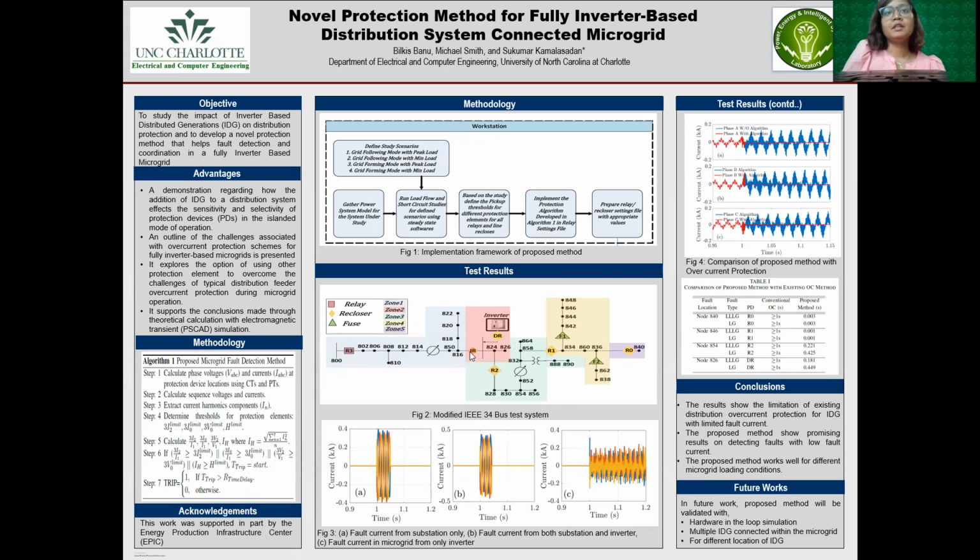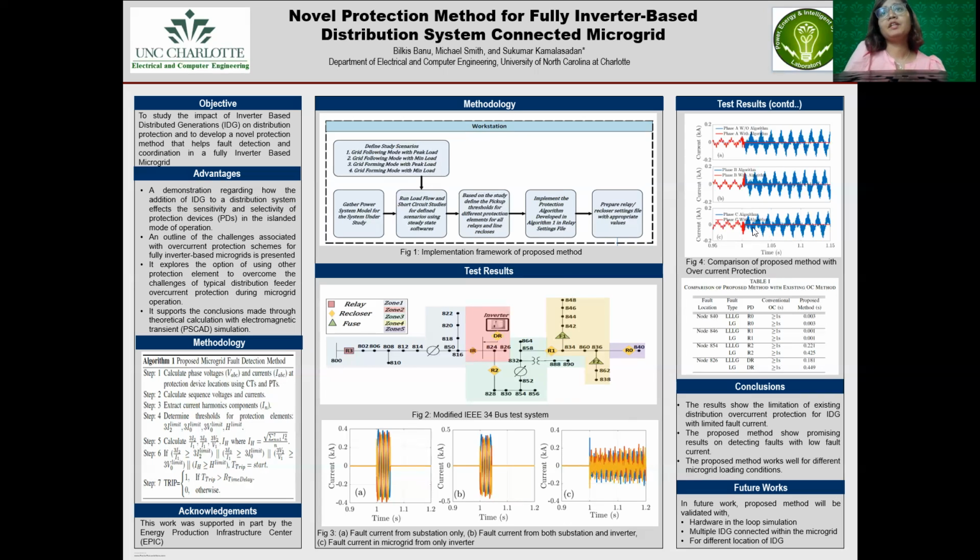And when the islanding recloser operates and forms a microgrid, the fault current contribution was 0.2 kiloamps. So we can observe here that the fault current contribution in the inverter-only scenario has the least value.